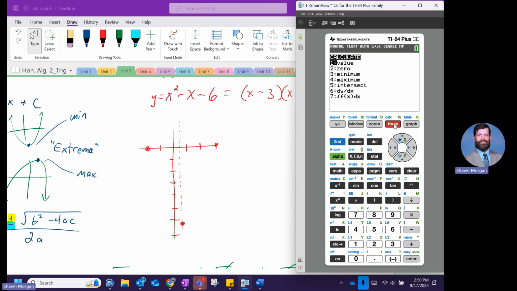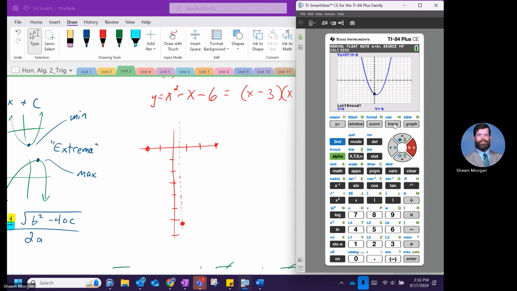Second trace, you do the second option there. Just try it again. So I hit enter to get my cursor to the left side of a root.